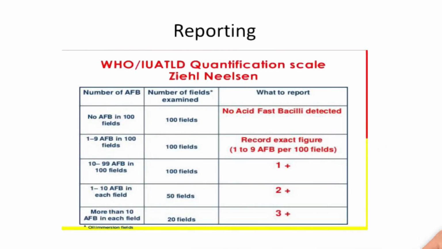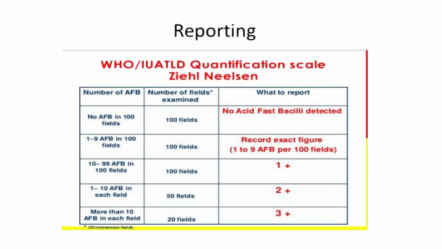So how do we report? For acid-fast bacilli, we report by looking at these rods, which are pink as we see in this picture. The grading system depends on the guideline that you use.